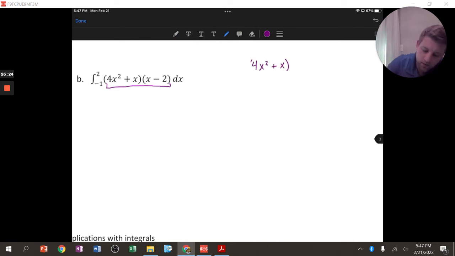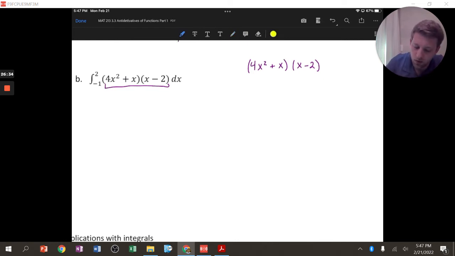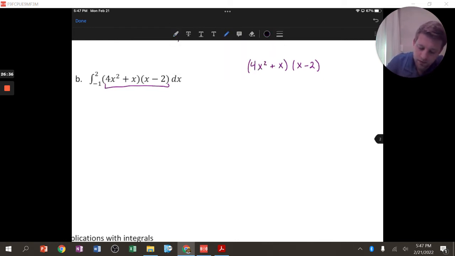So I'm going to take this 4x squared plus x, and then the x minus 2 moves over to the side and just do a product here. So we'll just use our regular foiling method for this. Nothing fancy, just regular algebra. We'll have the 4x cubed minus 8x squared, and then x squared again, and then finally negative 2x.